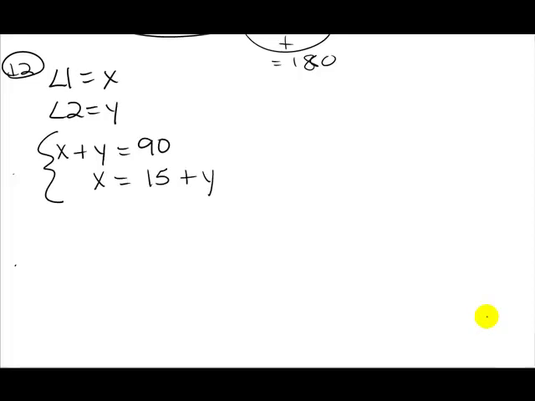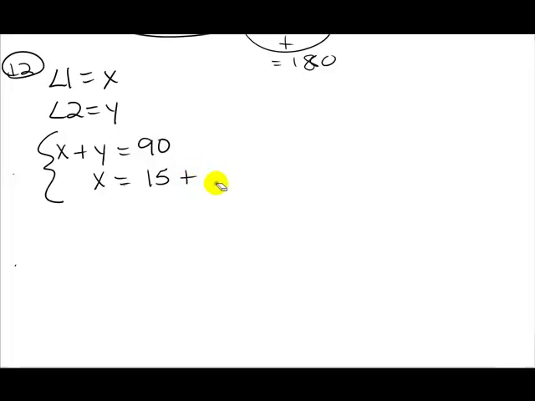So we're going to call angle 1 x and angle 2 y, and when we add them together we get 90. And then the last sentence says, find the measure of each angle if the first angle, which is x, is 15 degrees more than twice the second angle. All right, so I missed something.